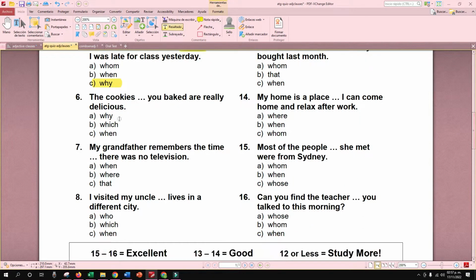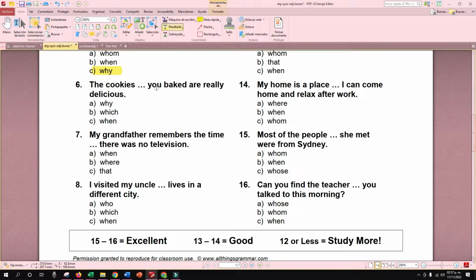Excellent. 6. The cookies you baked are really delicious. Why, which, or when? Letter B. Letter B, nice. Which? So the cookies which you baked are really delicious.